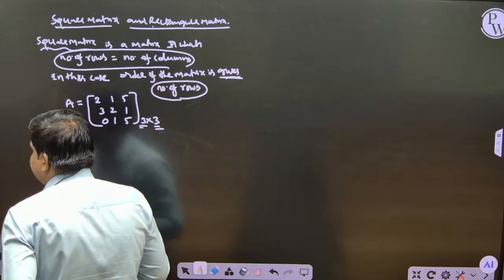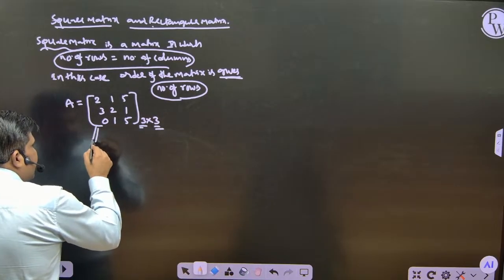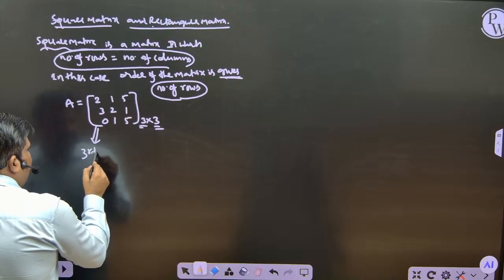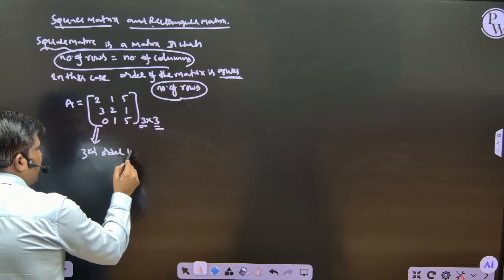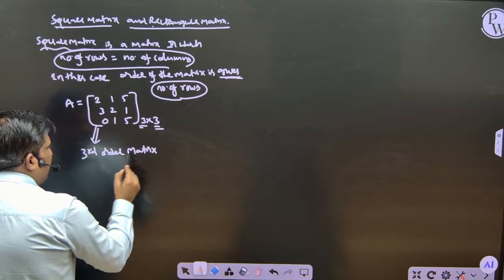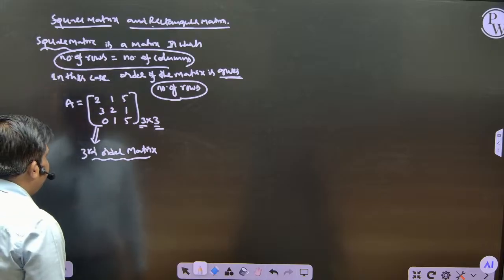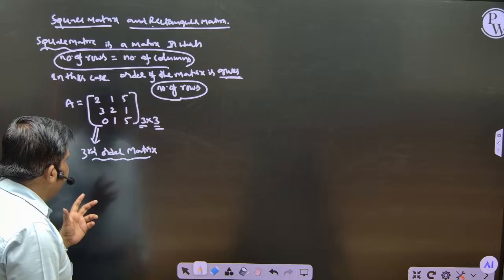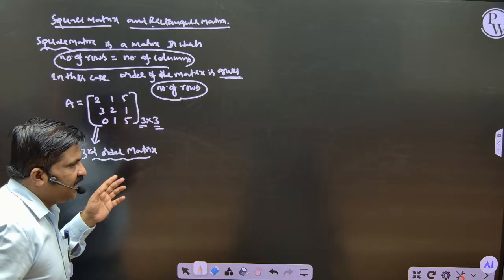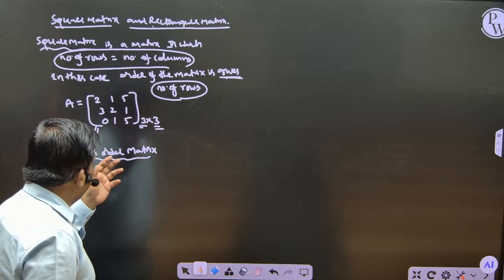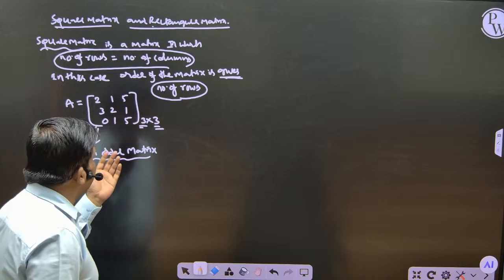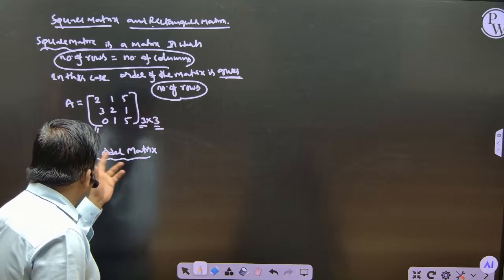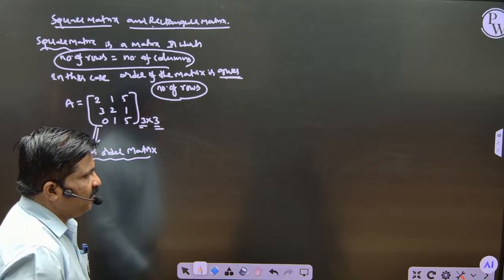How can we say the order of this matrix? Simply we can say it is a third order matrix. In the case of a square matrix there is no need to write 3 by 3. We simply say that the order is the number of rows. Here 3 rows are there, that's why it is called a third order matrix.